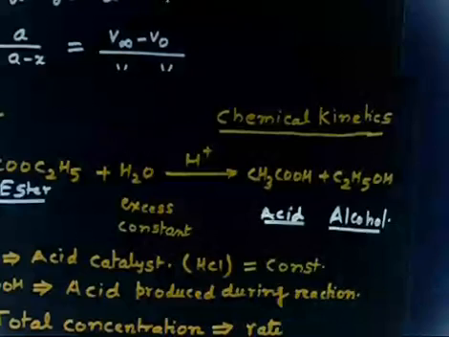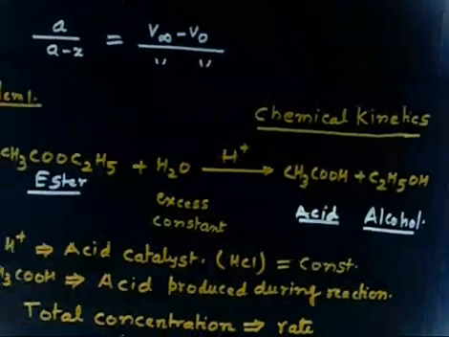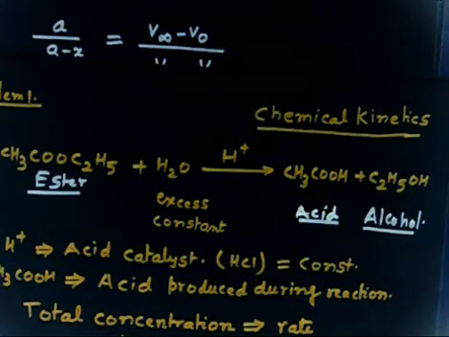So basically the rate of a reaction, that is esterification or hydrolysis of ester, can be measured by titrating the mixture at different times. Are you getting it? So acid base titration.